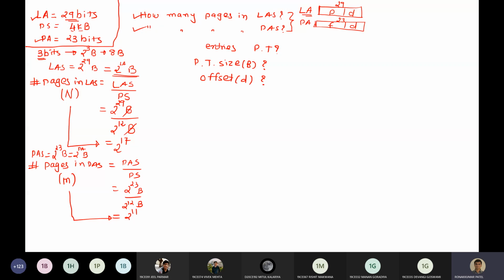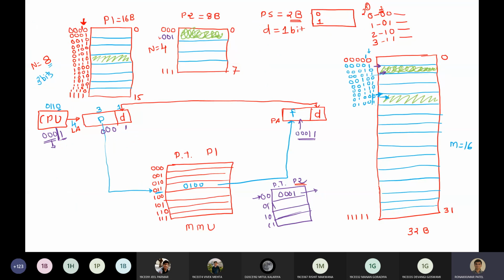Okay, page number. So P will give you a page number, means an index. This P will give you the index, means the entry.